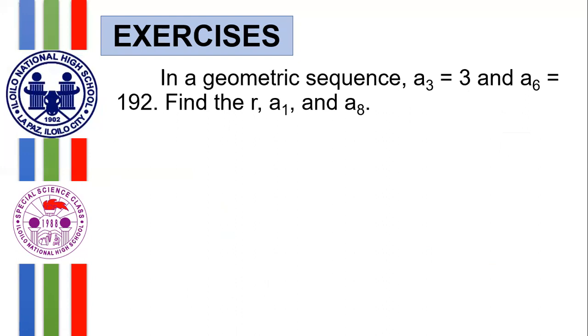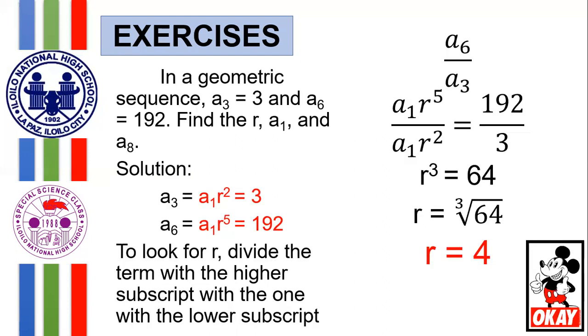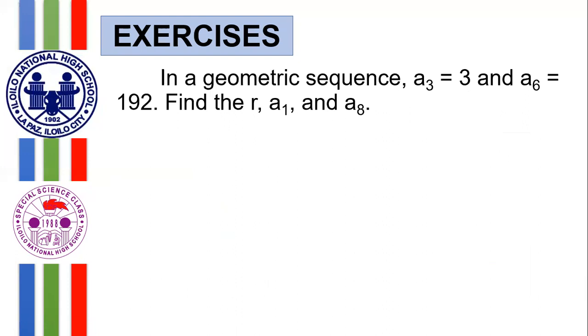Now, we got r, we still need a sub 1, right? To get the value of a sub 1, we could substitute the value of r either to a sub 1 r squared equals 3 or to a sub 1 r to the 5th equals 192. Substituting it to any of these two equations will still give you the same correct answer.